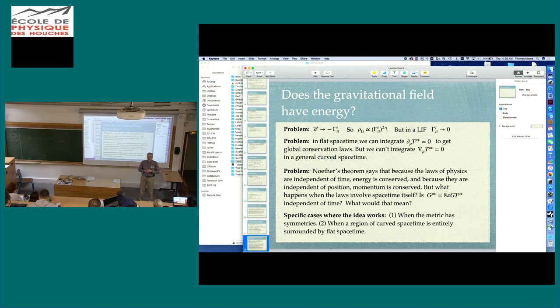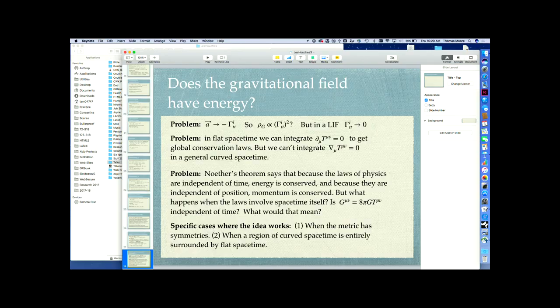If you did have an a priori background, if instead of a gravitational field representing the core geometry of space-time, it was a tensor field just sitting on top of flat space-time, and people have worked out such gravitational theories, then you could talk about what is conserved and what's not conserved in that kind of context, because you would be able to go back to the flat space-time.